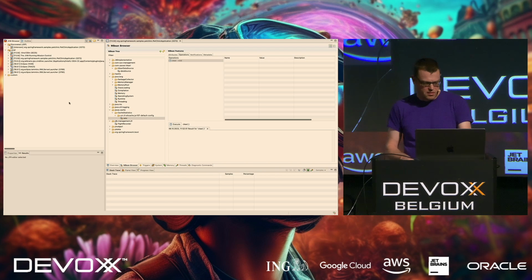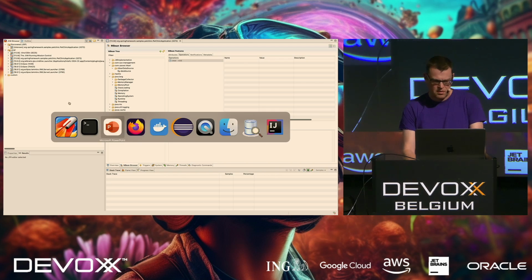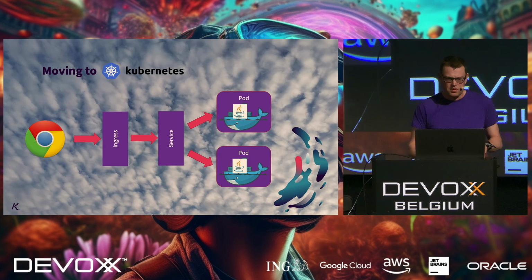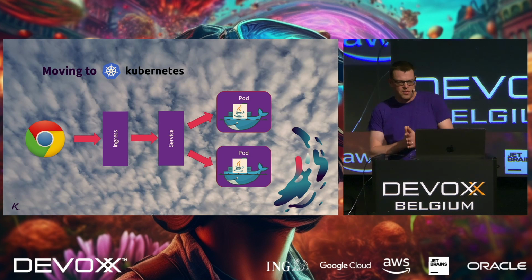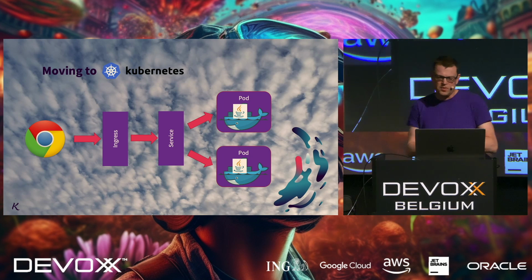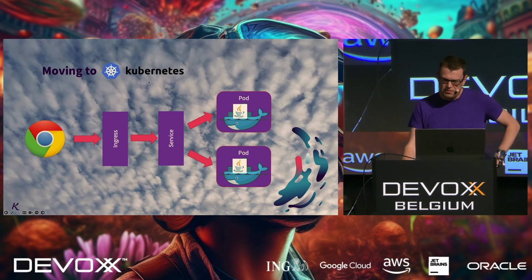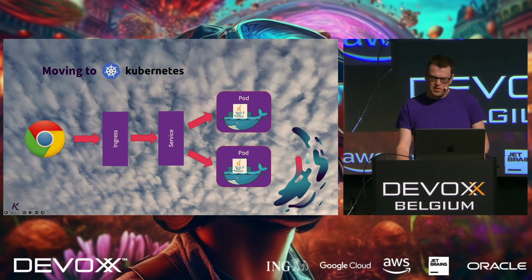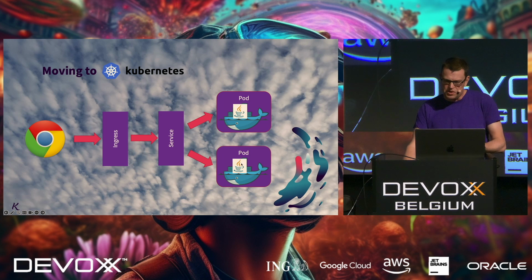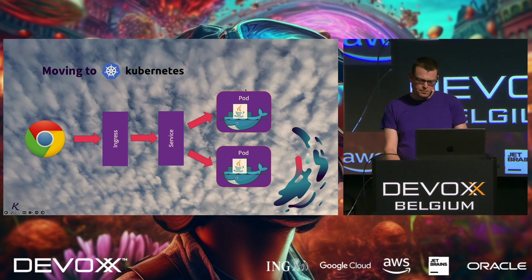Yes, but then the problem started, because we were told we needed to deploy this stuff in the cloud and not run on regular boxes anymore. So a very simple setup here. We have a couple of pods. In the pods, there's one container. In each container, there's a JVM. In the JVM is the pet clinic application.